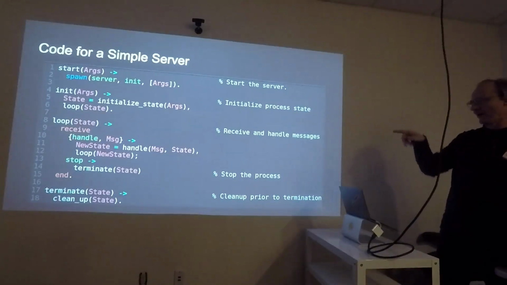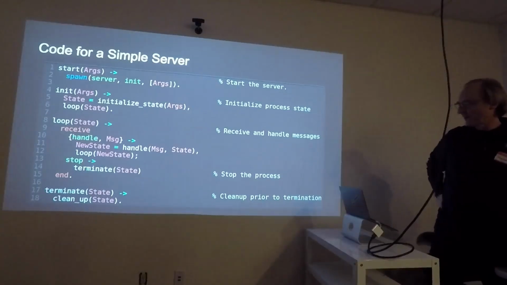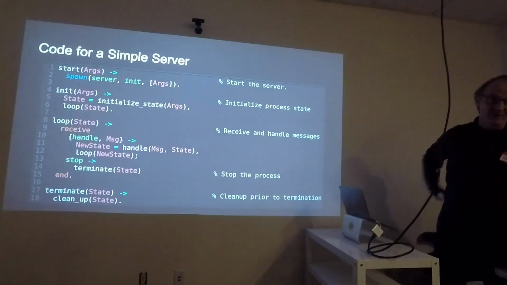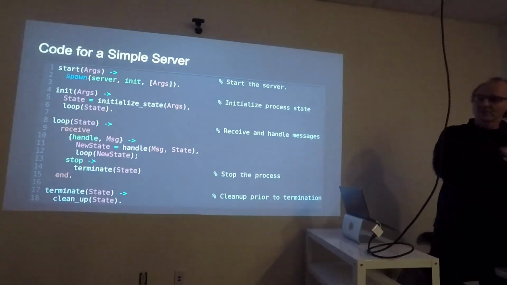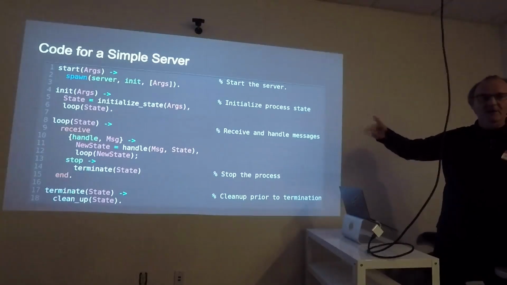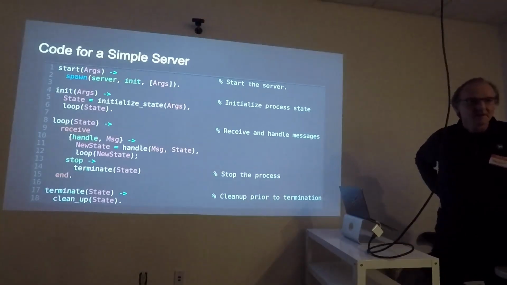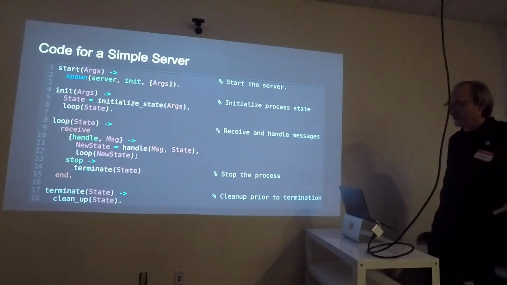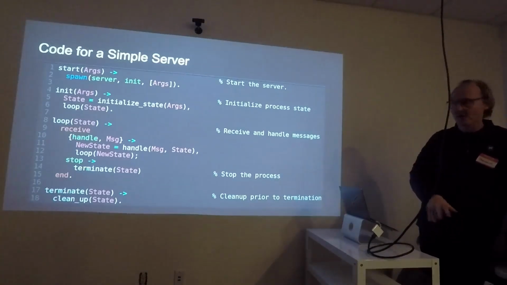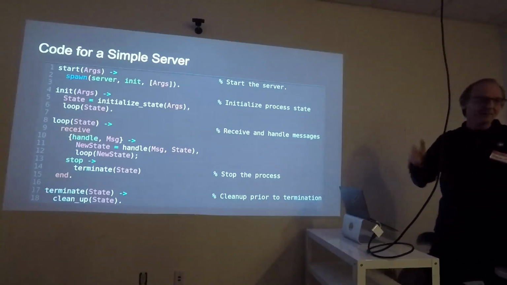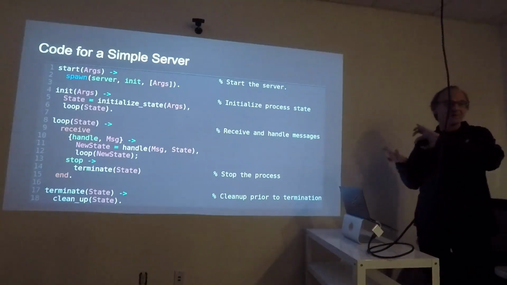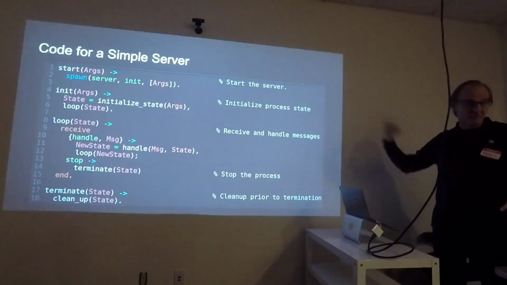And then it calculates a new state based on the message coming in and the current state. We call that function handle. It's a reference to the real code that I'll show you later. And then it actually calls itself with a new state, ready to receive the next call. And then, of course, if it gets a stop, it will call terminate and pass the state down to terminate, remember? Because then terminate can do anything with it, do a cleanup and save it away and do stuff, okay? So this is actually the next step. This is codifying the picture in the previous slide.